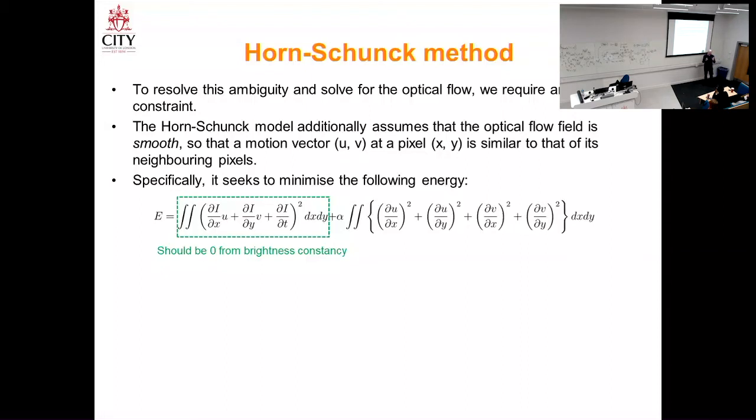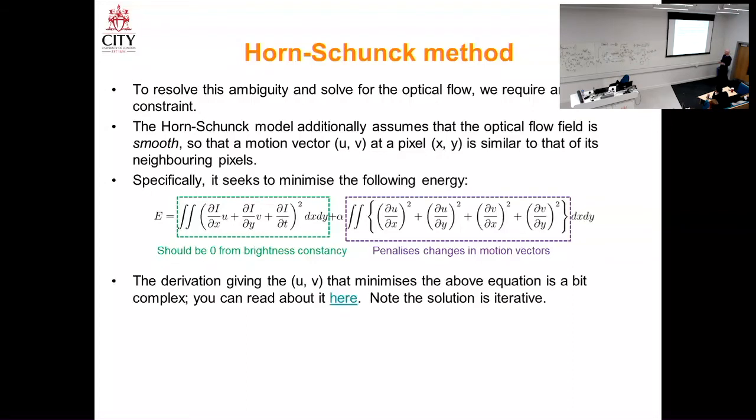Okay, so I want kind of smoothly varying flow vectors. And so if I put these 2 terms together, I can actually solve for a flow field. And actually, you can derive it. It's a little long, I have to admit, so I'm not going to go into the details here. But if you click on this link, you can check out the derivation, especially if you like the PDEs, partial differential equations. You can read all about it.